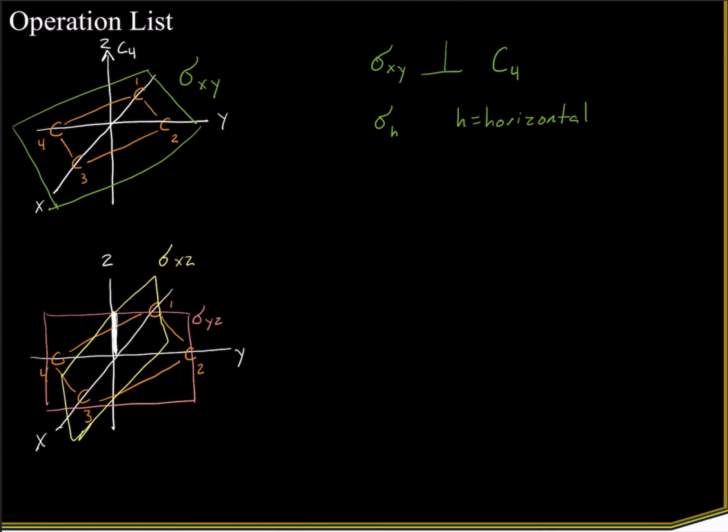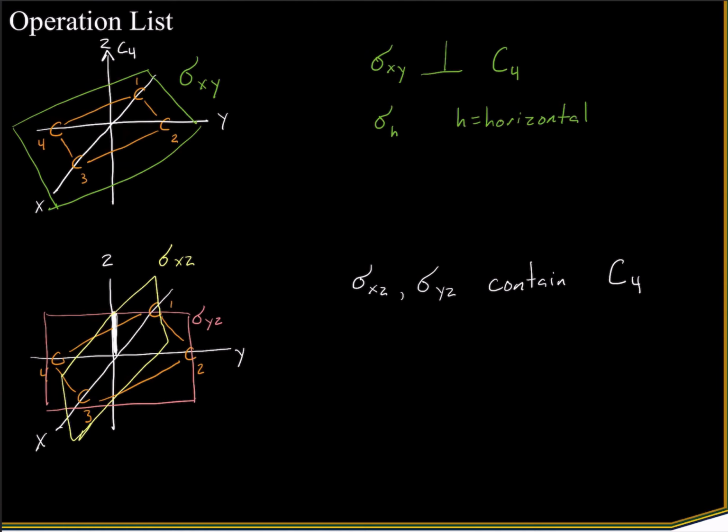And on top of falling directly along my axes, they contain two atoms. And so here we can see that our mirror planes, sigma xz and sigma yz, contain my principal rotation axis C4.